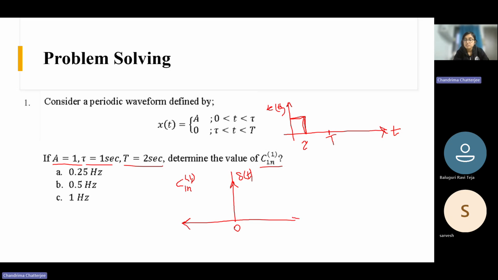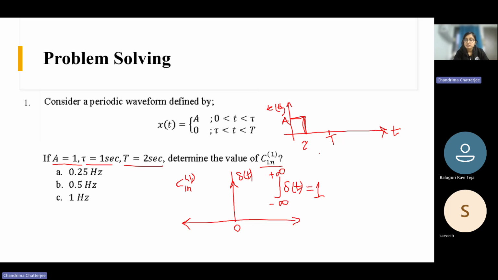Only at t equal to 0 it has infinite value, and if we integrate delta(t) from minus infinity to plus infinity, we get 1. So this is the Dirac delta function or unit impulse function. We will keep on differentiating this waveform until we get an impulse function of some strength. This is a unit impulse, but for this waveform, if the amplitude is A, then the strength may be capital A or something else.